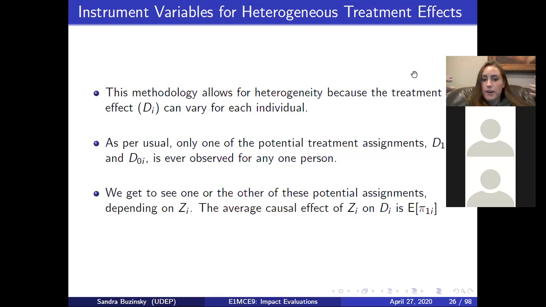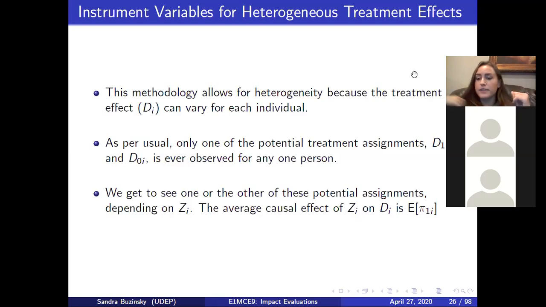So what we really want is that the instrument is affecting the treatment status in the same way. That's called monotonicity. And that means that we don't want the instrument of choice, say distance from the tower, to affect some people positively and some people negatively, or push some people into receiving treatment and some people not.